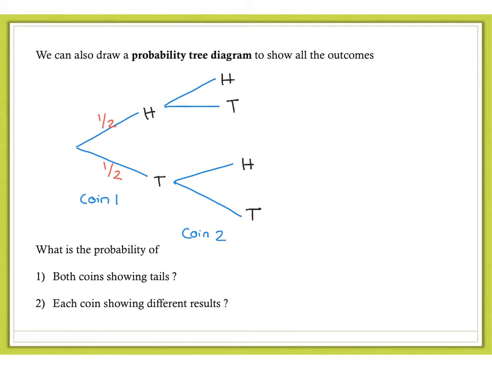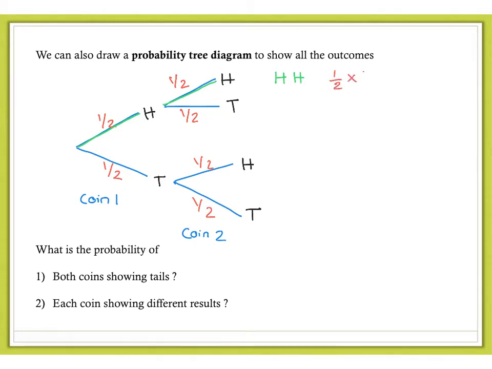And the probabilities stay the same at 1/2 each time. Now, if I want to calculate a particular probability, I follow the branches of the path I'm looking at. If I follow this branch and this branch, then that is the outcome of getting a head and a head. And I multiply the 2 probabilities.